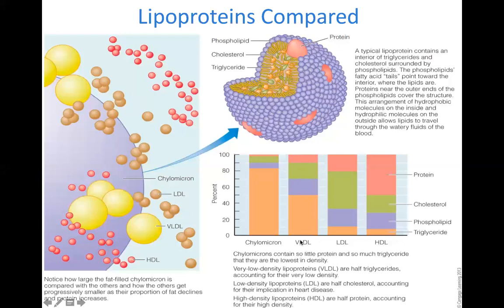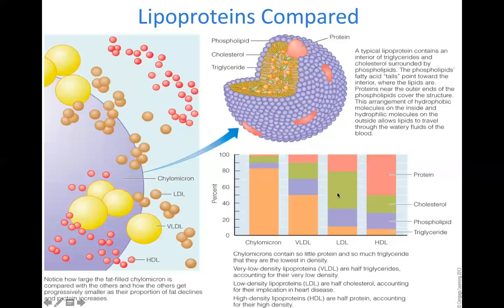What happens between a chylomicron and a VLDL is the chylomicron will be circulating throughout the bloodstream and depositing a lot of its triglyceride particles to the cells. After that, it will be a lot smaller, with a lower percentage of triglycerides. As VLDL travels through the bloodstream, more and more of those triglycerides will be picked up, and eventually the particle will form an LDL, or low-density lipoprotein, which has fewer triglycerides and a higher cholesterol content.